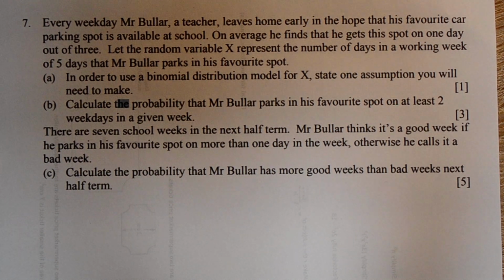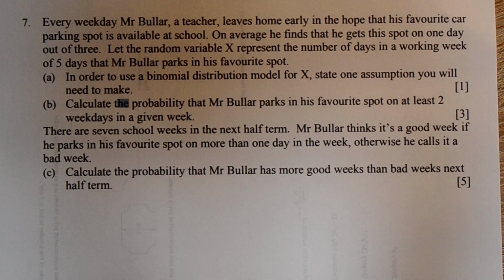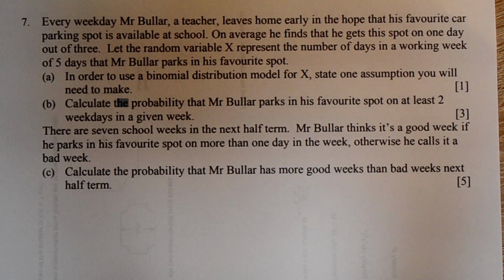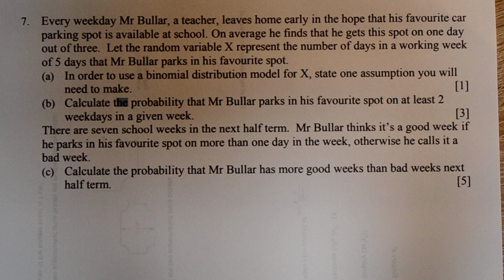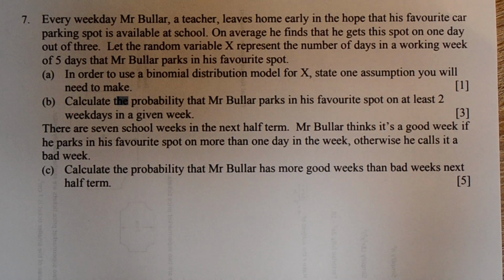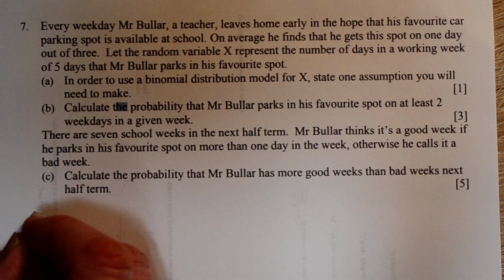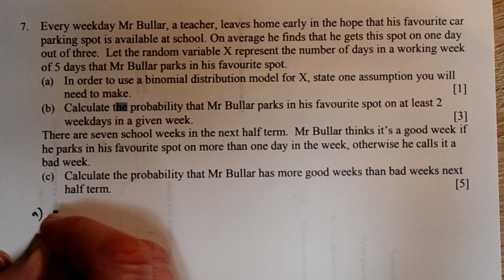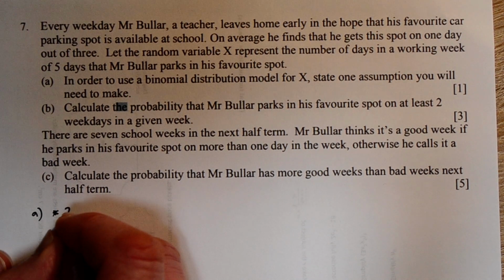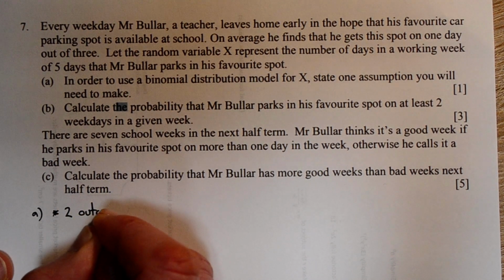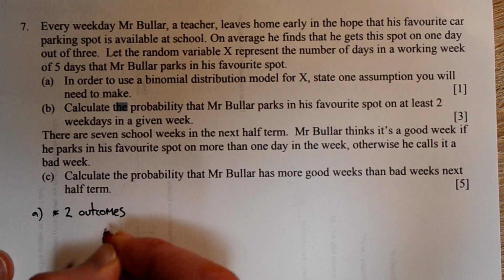Now, part A. In order to use the binomial distribution, we need more than a probability and a number of trials. There's some other conditions as well. We need to know that there are 2 possible outcomes for each trial, usually referred to as success or failure.